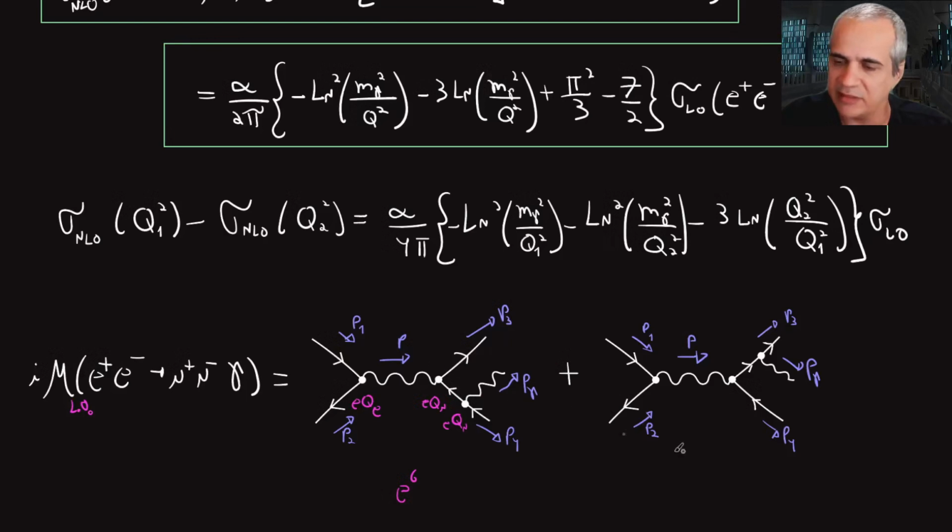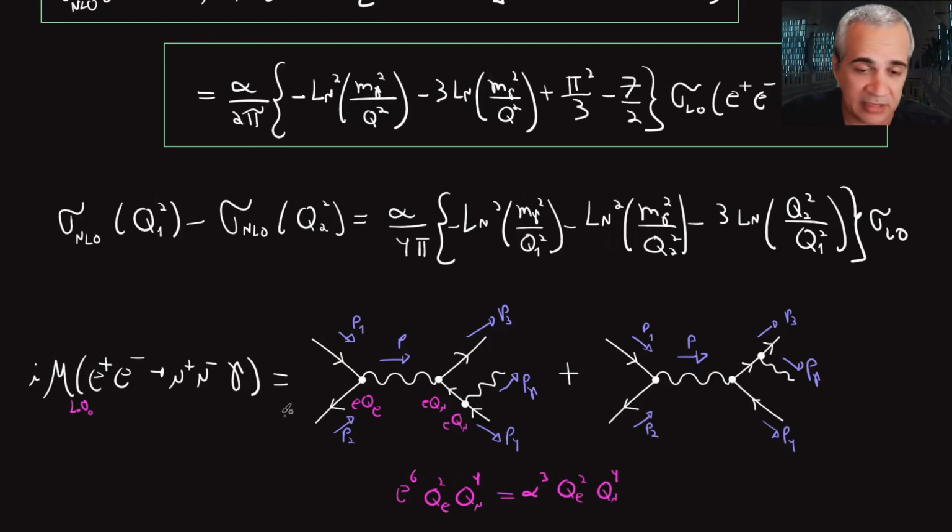And in terms of that scaling with the charges, you have QE here, which once you go to the cross section will be QE square, and Q mu, the charge of the muon, square, which when you go to cross section will be the charge of the muon to the 4th, right? Which is the same as saying this goes like alpha cubed QE square Q mu to the 4th.